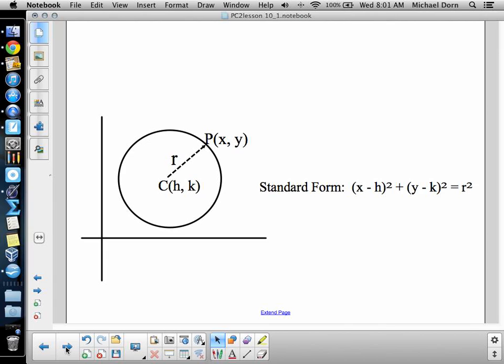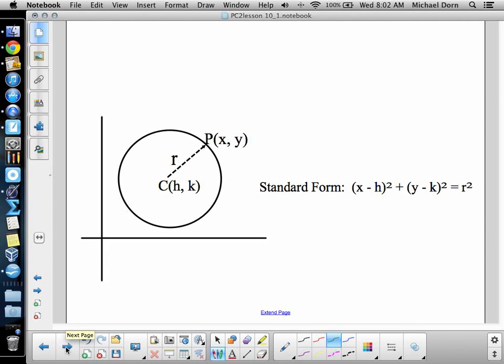One you should have fairly memorized is good old x minus h squared plus y minus k squared equals r squared. That's a standard form equation of a circle with center at (h, k) and radius r. Nothing new about that.